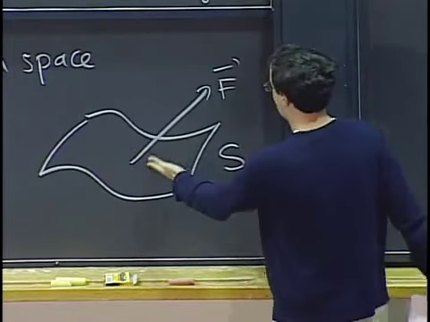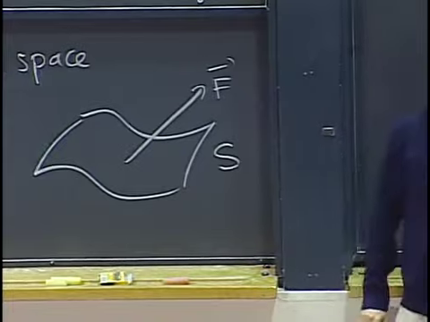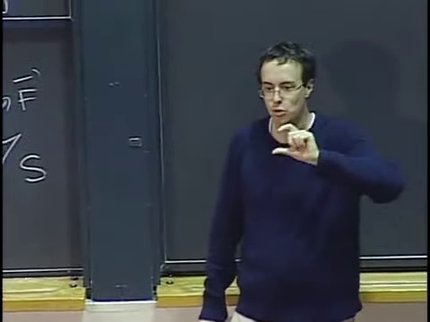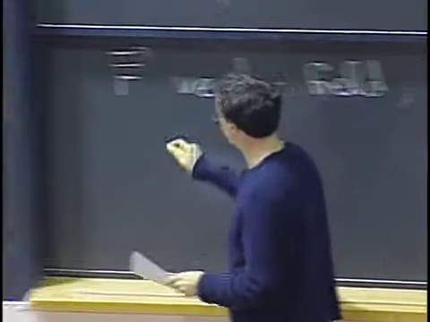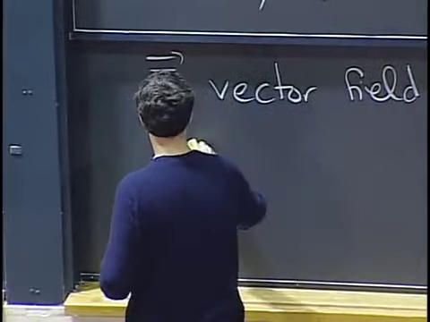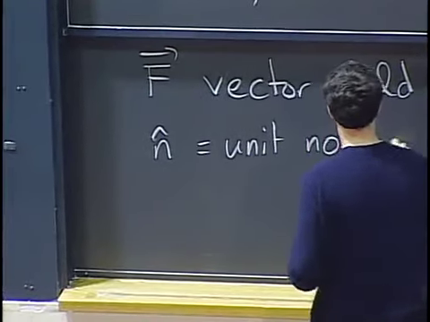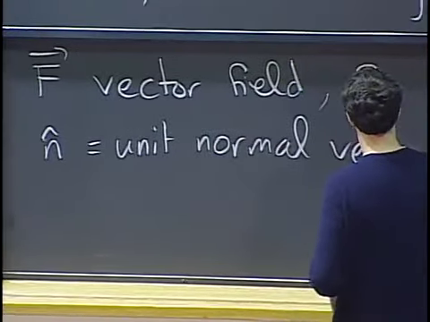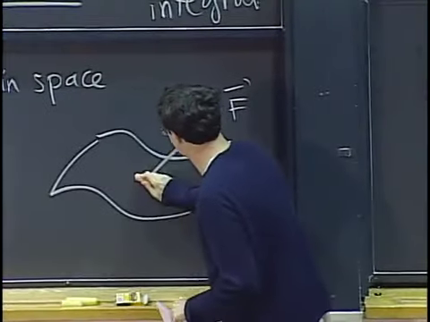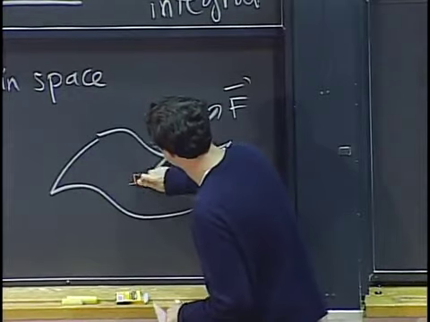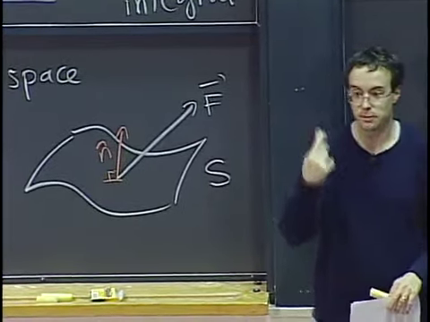Well, I want to figure out how much my vector field is going across that surface. So that means actually I want to figure out the normal component of my vector field. Okay, so I will use, as in the plane case, the unit normal vector to S. Okay, so I take my point on the surface, and I build a unit vector that's standing on it perpendicularly.